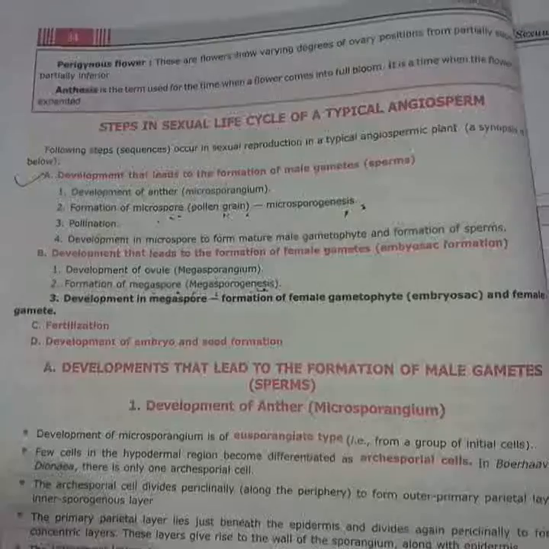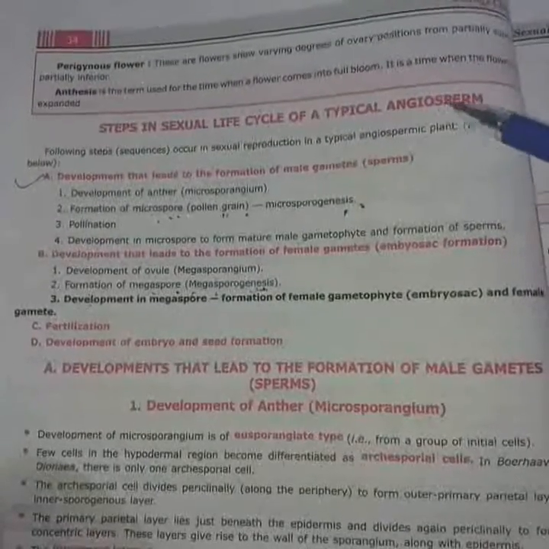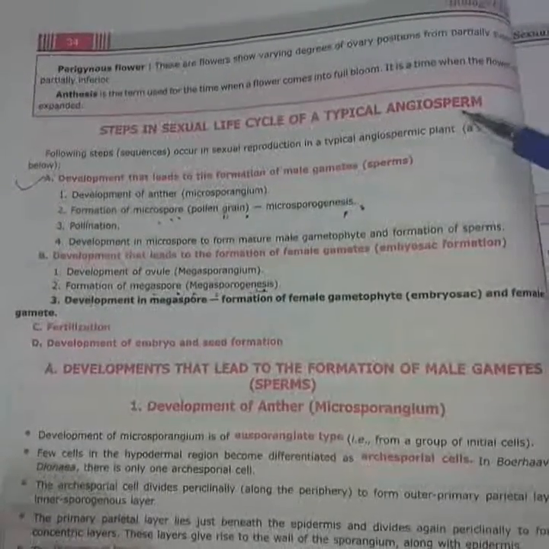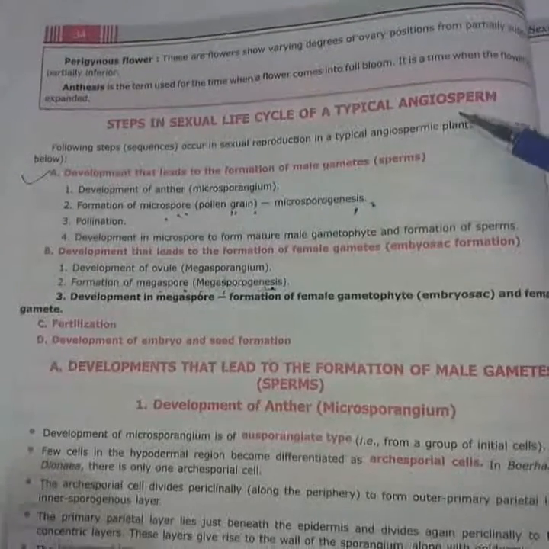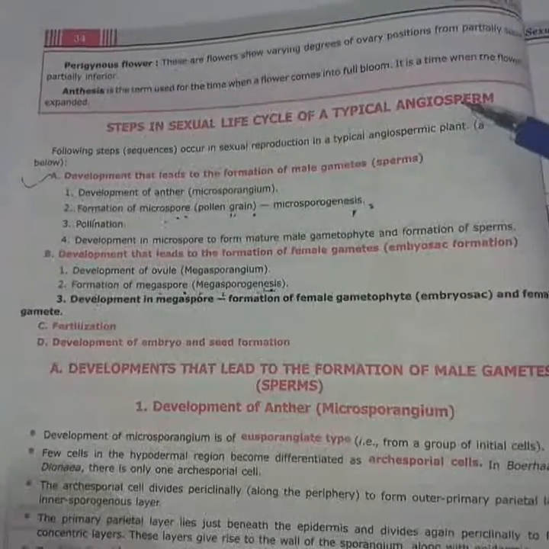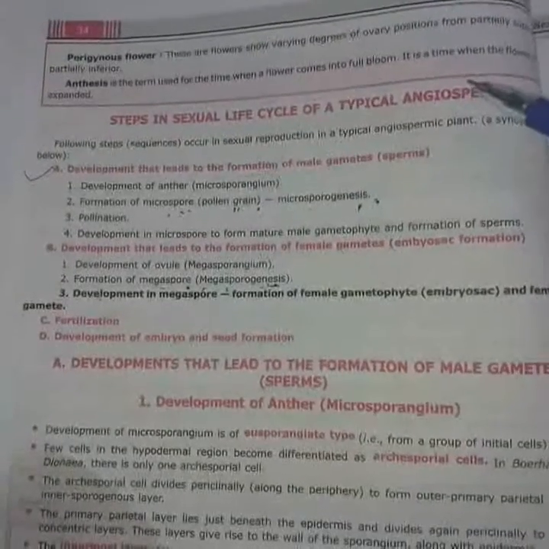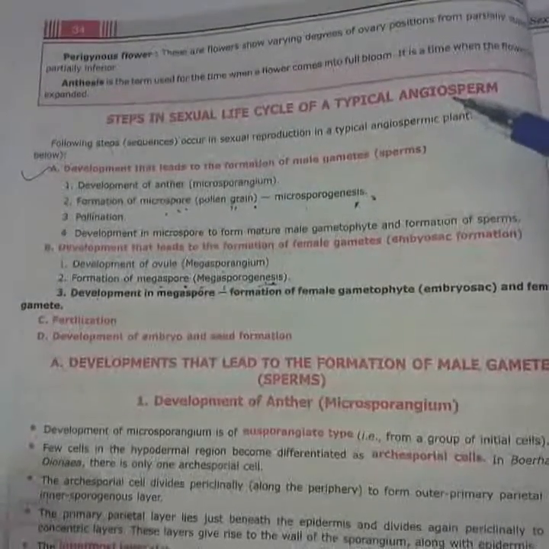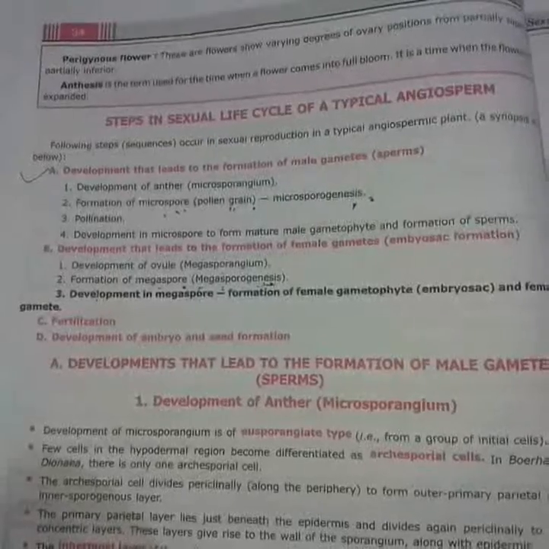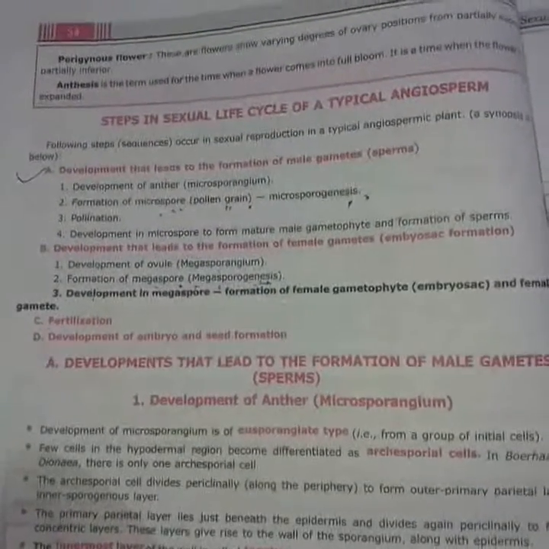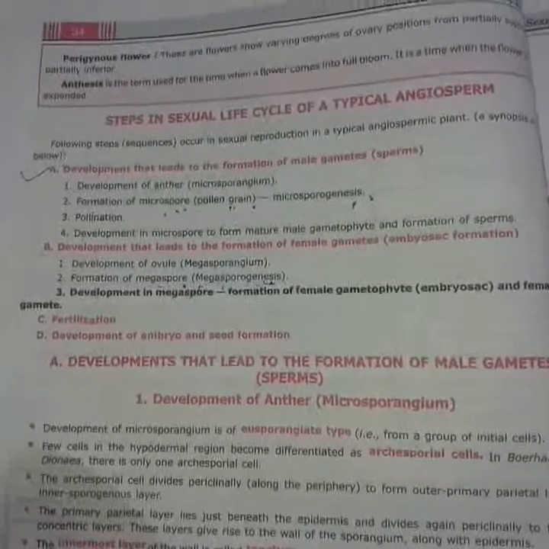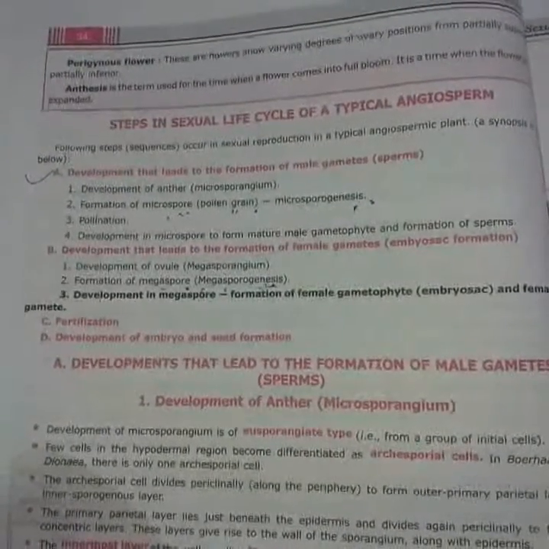You know that plants are of two types: first, angiosperms, and second, gymnosperms. Angiosperms are plants which contain well-developed flowers, fruits and seeds. But gymnosperm plants do not contain flowers, fruits and seeds.